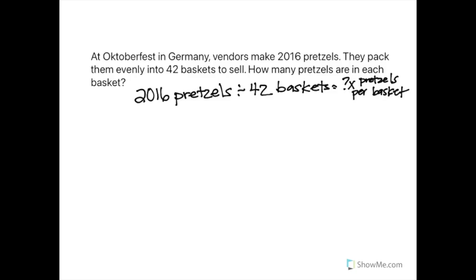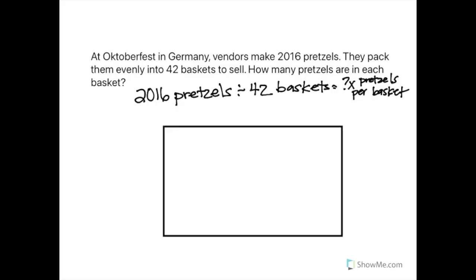So I'm going to set up my area model here. And I am going to put the 42 on the outside and my dividend on the inside. Remember, this is called your divisor. That's what the groups are being divided up into, and this is what's being divided.